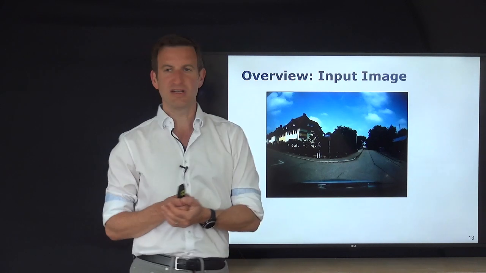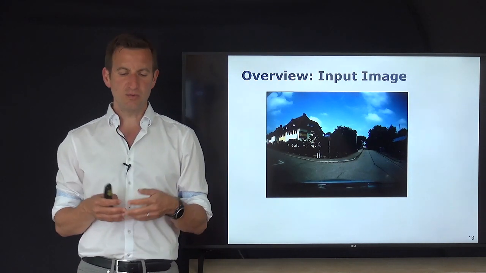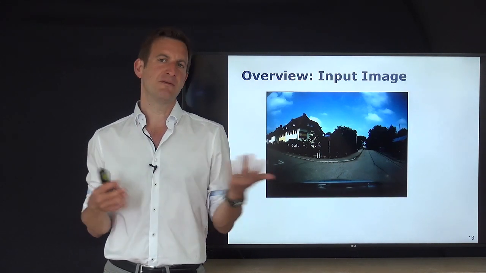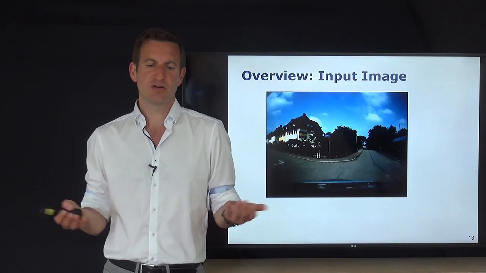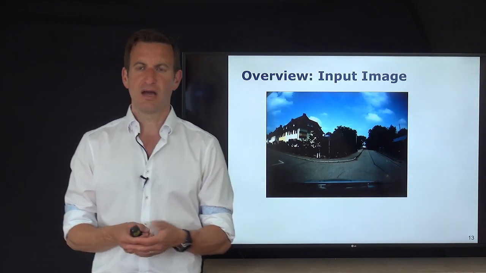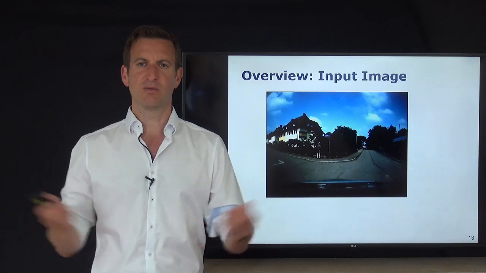We have our original input image, and what we typically do is we extract visual features. We can run any type of feature descriptor or feature computation that we have in our toolbox. Let's say SIFT features, one of the standard choices.